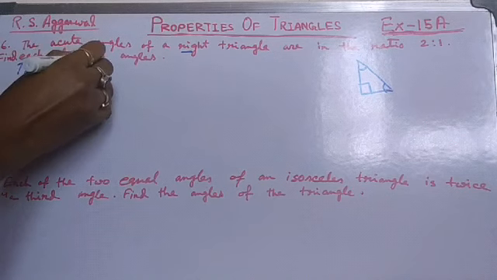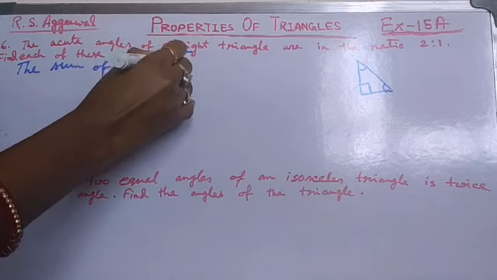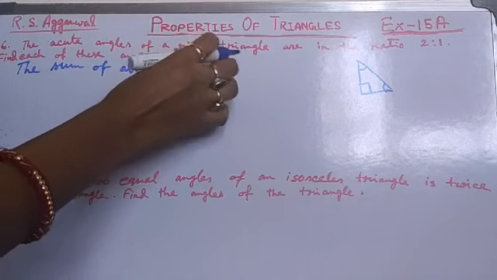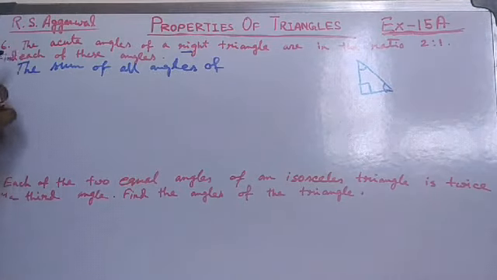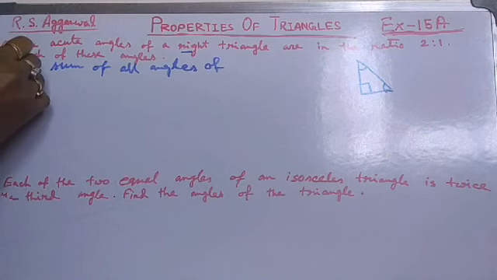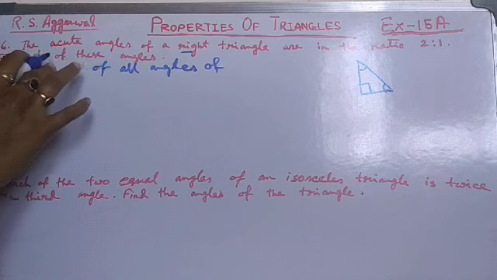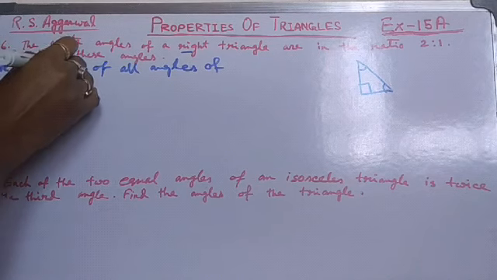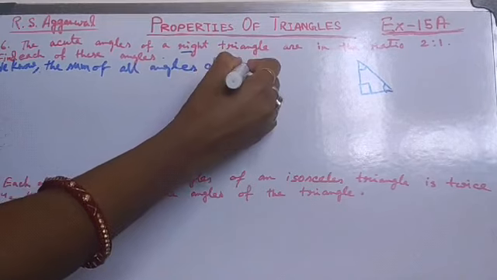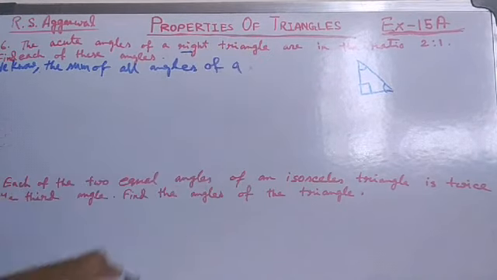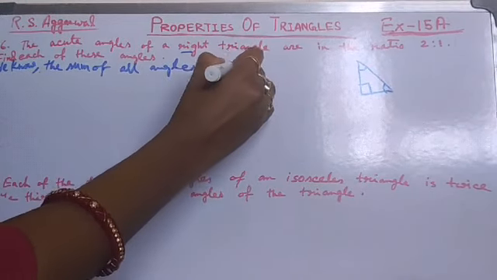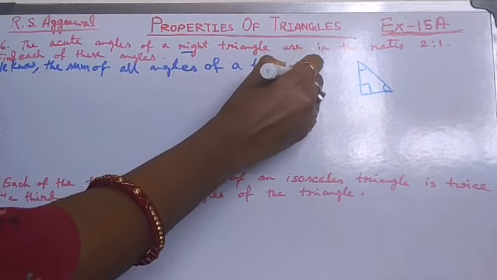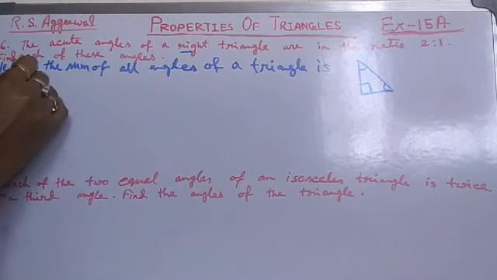We know that the sum of all angles of a triangle is 180 degree.